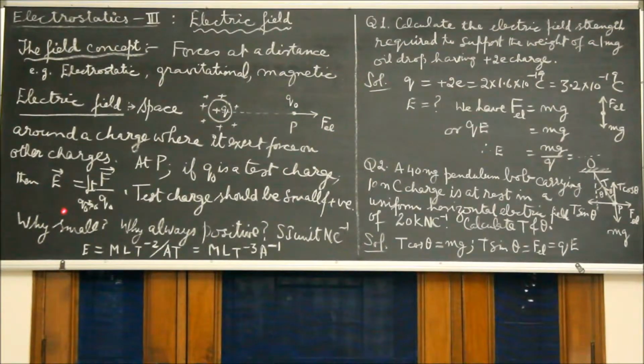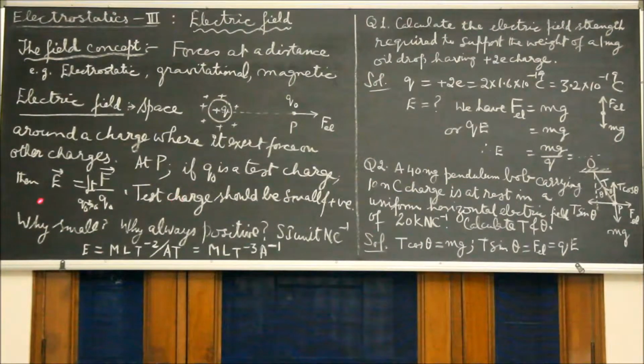Then electric field intensity at point P is defined as the force per unit small positive test charge placed at P. Remember, the test charge should be small so that it does not produce its own field. Otherwise, it will alter the field which it is supposed to measure. And it should always be positive so that we get the force in a particular direction.